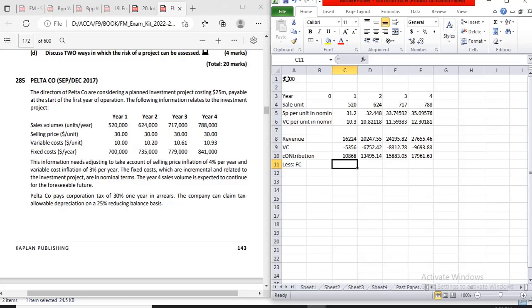If Pelta company had not taken this project, it would not have incurred this fixed cost. So this is the incremental cost. So what is that? 700 minus 735 minus 779 and minus 841. We will get the taxable cash flow.